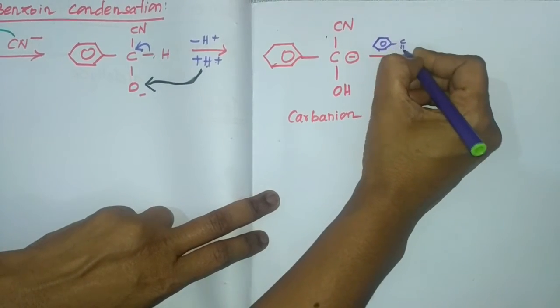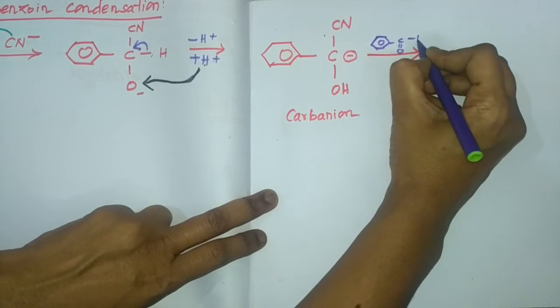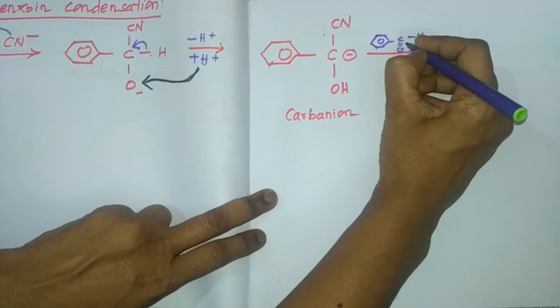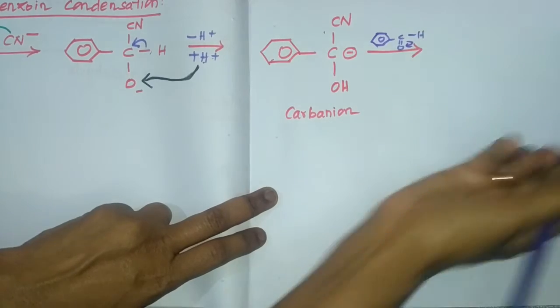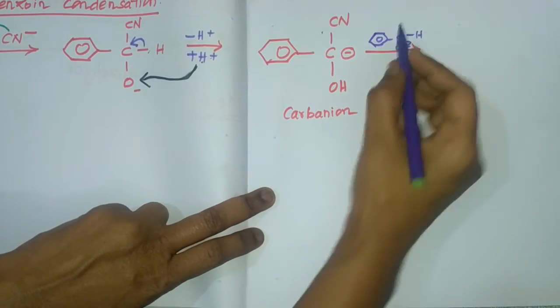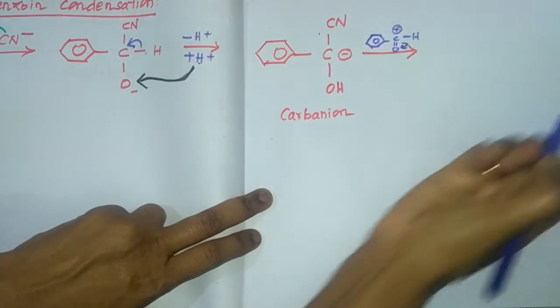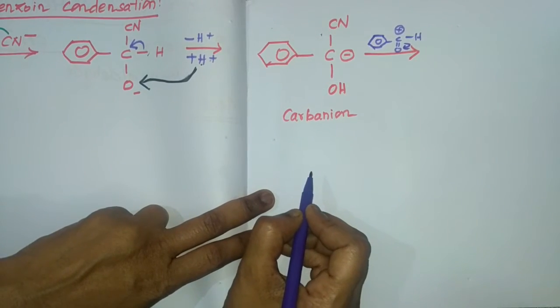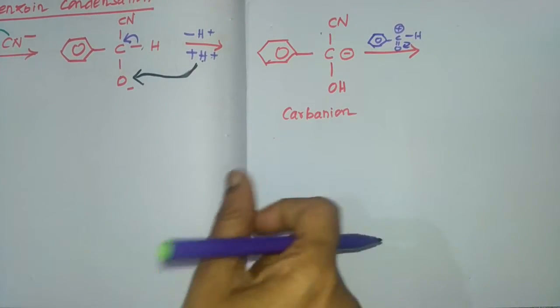So here C double bond O H. Here also the same: the electrons will be taken by this oxygen, and this carbon will become positively charged. Then what happens?